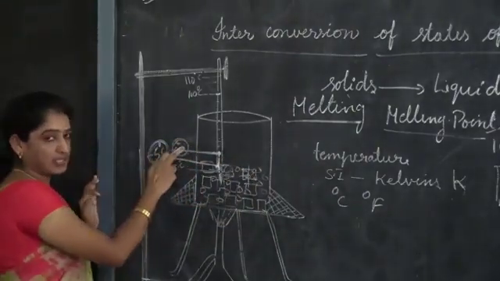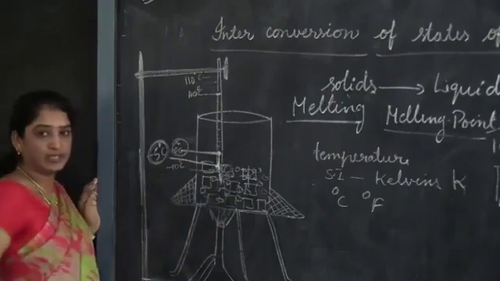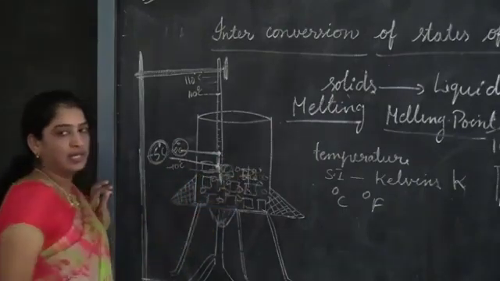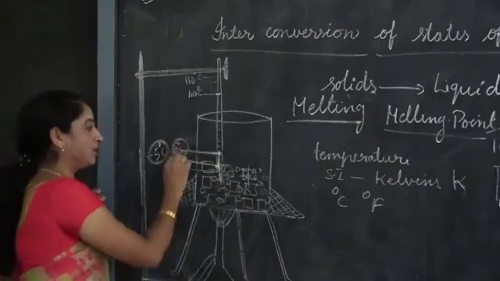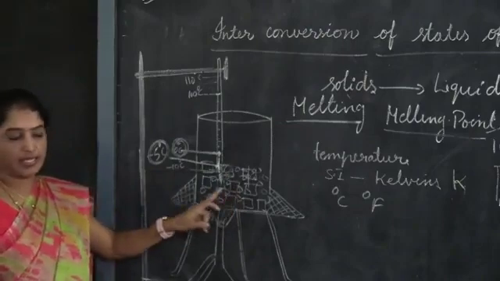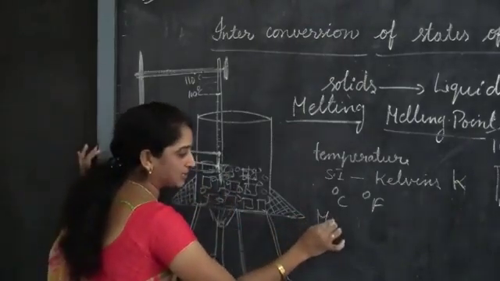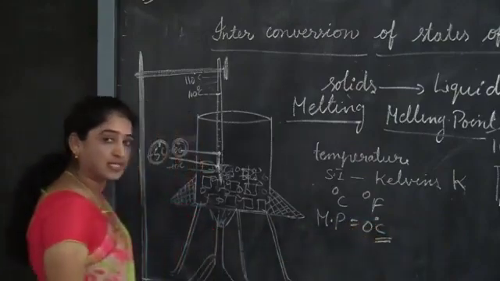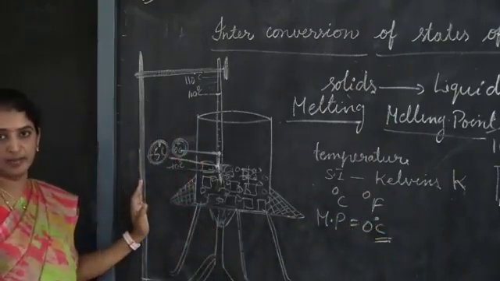At this temperature, if we provide heat energy, then the solid form of ice converts into liquid form. This point of temperature is called the melting point of ice. Here the melting point of ice is 0 degrees centigrade.